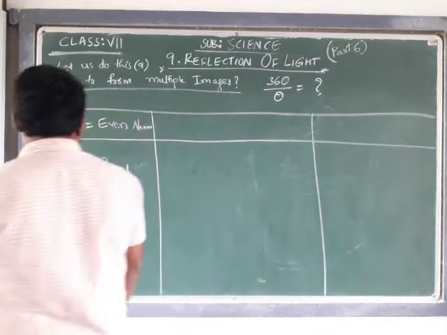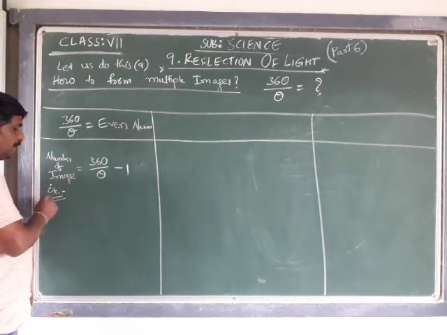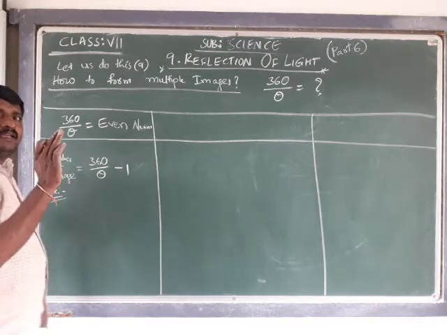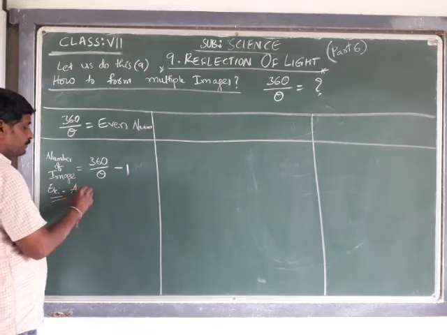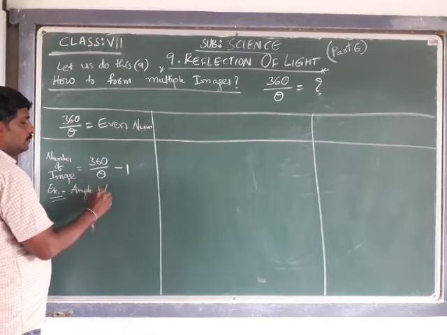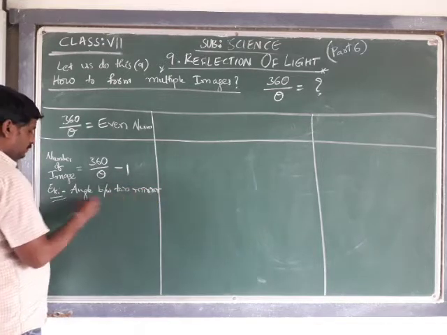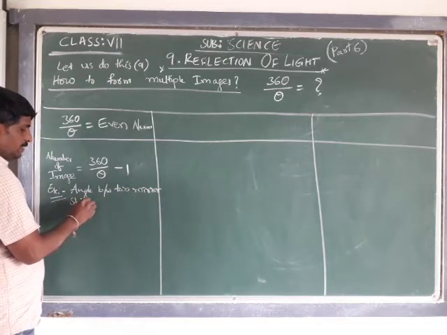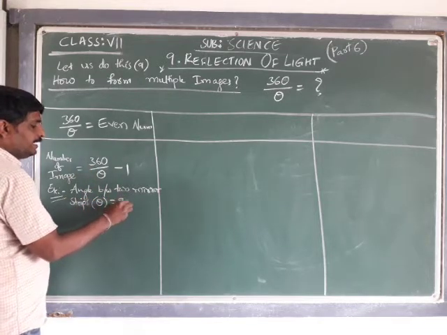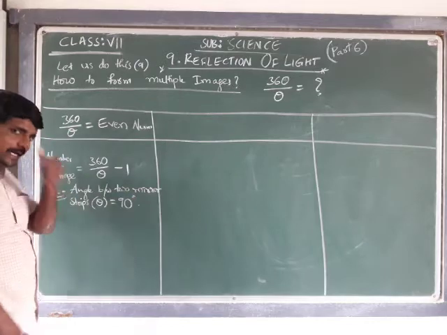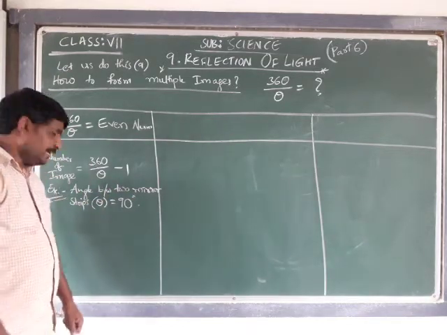For example, how to know that? Suppose the angle between the two mirror strips, theta, is equal to 90 degrees. The two mirror strips are arranged such that theta is equal to 90 degrees.